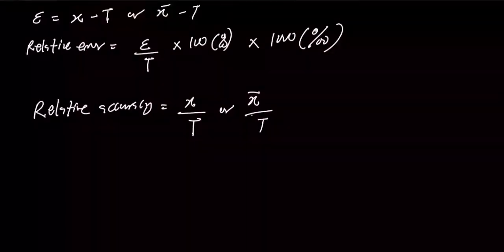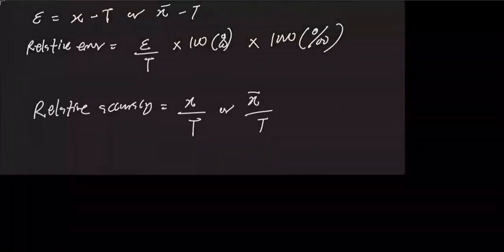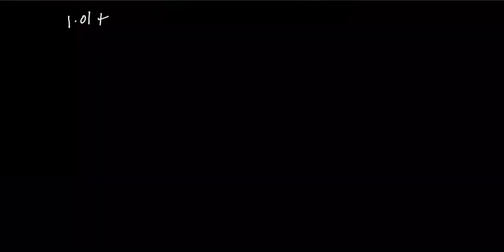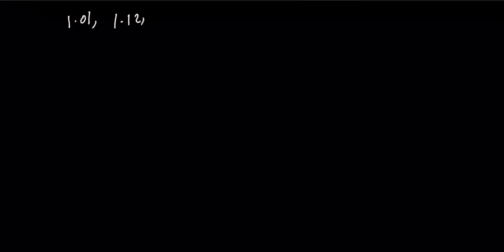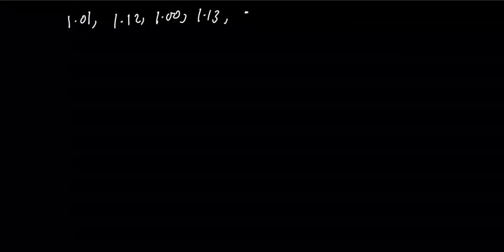And take note of something that is very, very important. There's something we always do, and that is to reject some values given. Whenever we have measurements like 1.01, 1.12, 1.00, 1.13, and we now have a value like 4.25, look at this value.